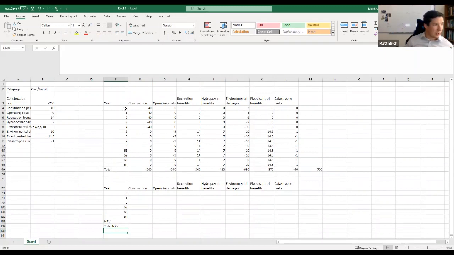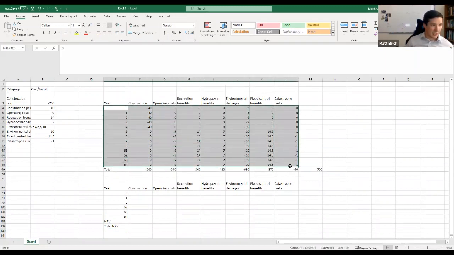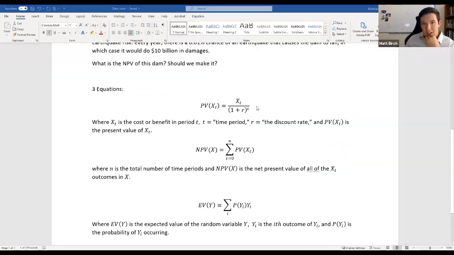What we're going to do is take every value in here, and use our present value function to discount future payoffs. And then we're going to add them all up for that bottom row, and see what the net present value is for each variable and for the dam as a whole.